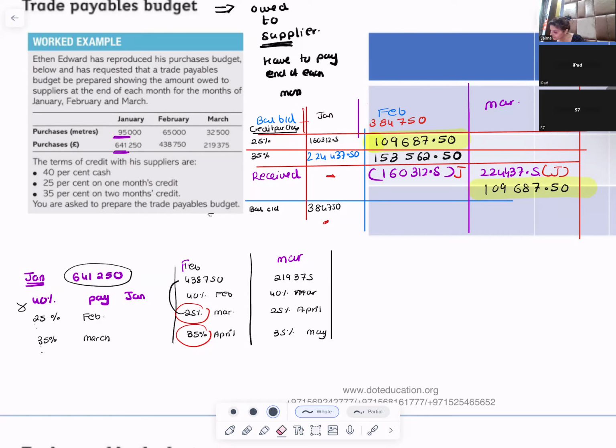Now the balance closed down for February.